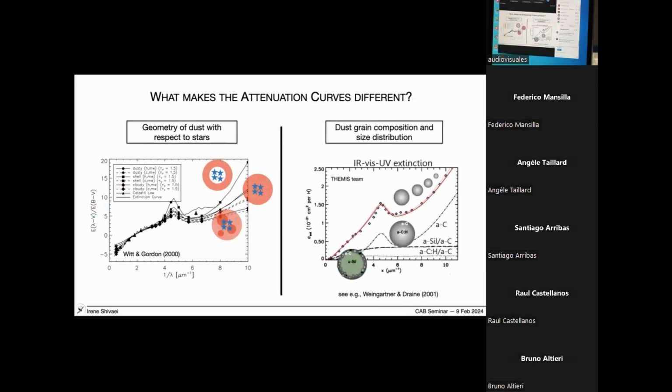So if you have a larger fraction of small dust grains, you tend to have a much steeper attenuation curve in the UV. Or silicate versus carbonaceous dust grains have different imprints in the shape of the attenuation curve. And of course, these two are completely degenerate, which makes this problem very difficult.